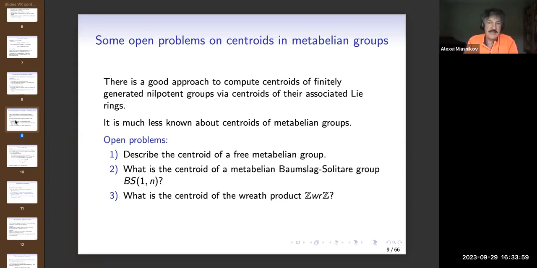I will say a few words later. It's a big ring, but you can find more natural subrings in such centroids in each case.